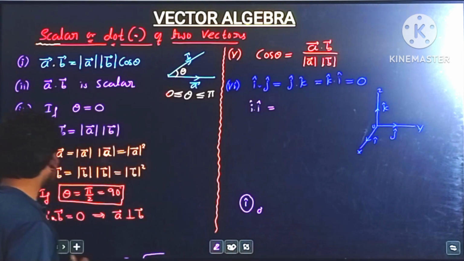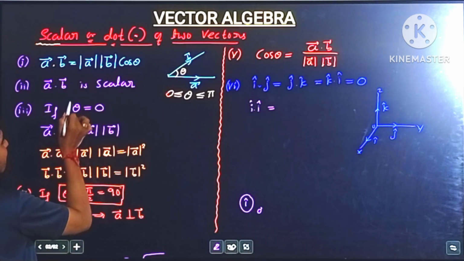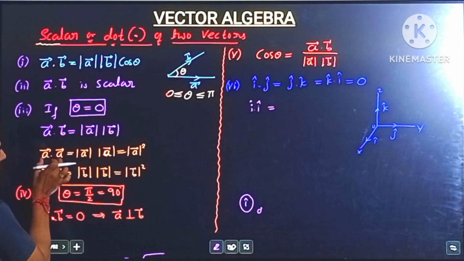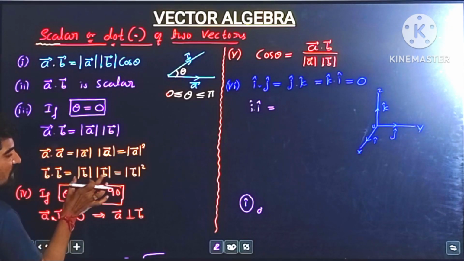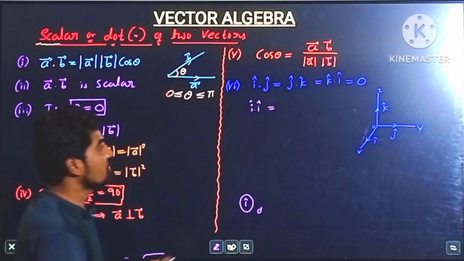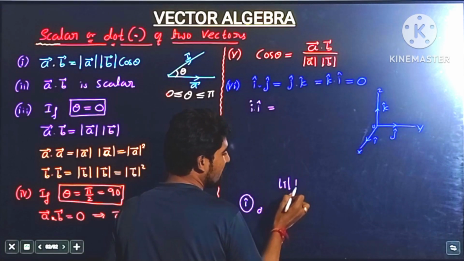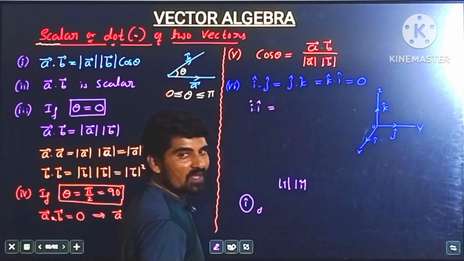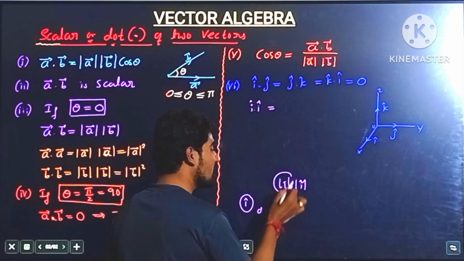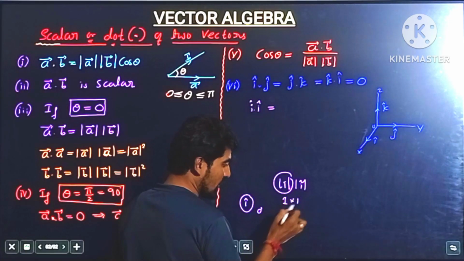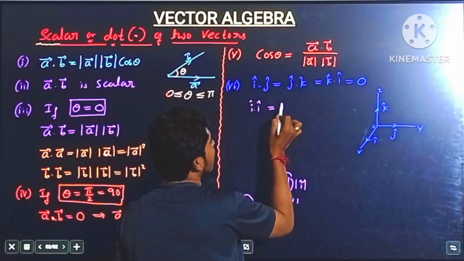From this concept, if the angle between any two vectors is equal to 0, then their dot product is equal to the product of their magnitudes. So the value of i dot i is magnitude of i cap into magnitude of i cap. We know that i cap is a unit vector whose magnitude is 1, and 1 into 1 is 1. Therefore, the value of i dot i is 1.